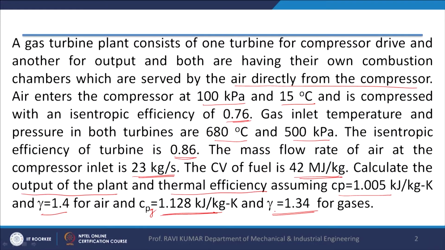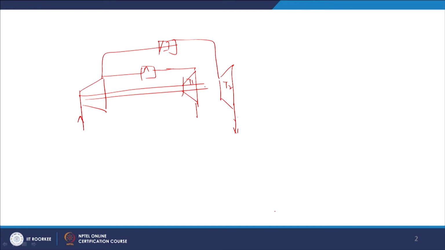So, first of all we will draw the temperature entropy diagram at two pressures, pressure 1 and pressure 2. State 1 to state 2, state 2 to state 3 and 3 to 4, right.